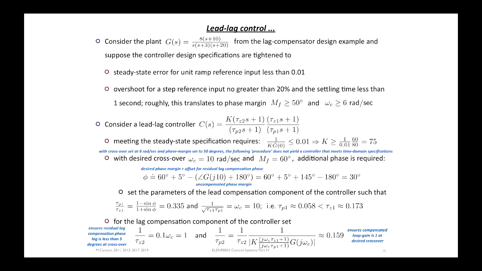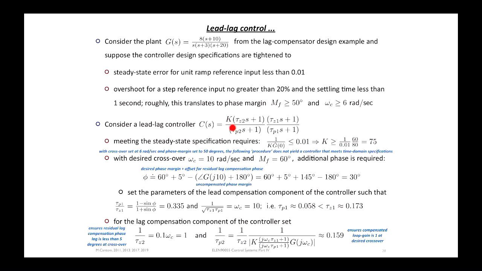These are our transient specifications, which, assuming dominant second order dynamics for the closed loop, can be translated into requirements on the phase margin and the crossover frequency. Okay, so again, we can go about this by thinking about how much gain do we need at DC to meet our steady state specification? The gain of the controller at DC is just K, right? So that's the only part of the controller that's going to help us meet the steady state specification.